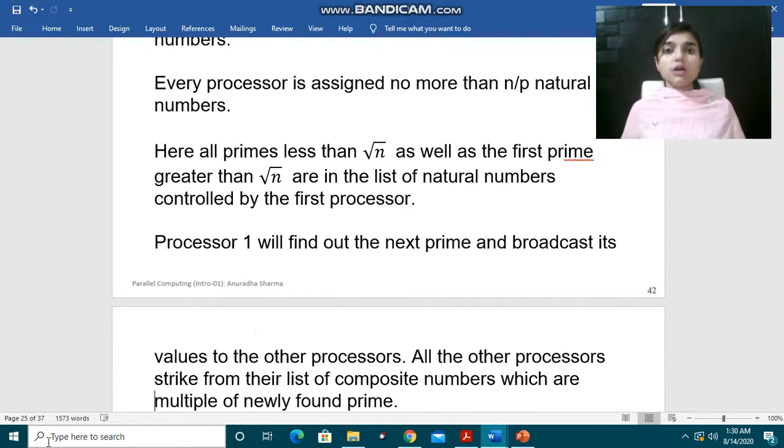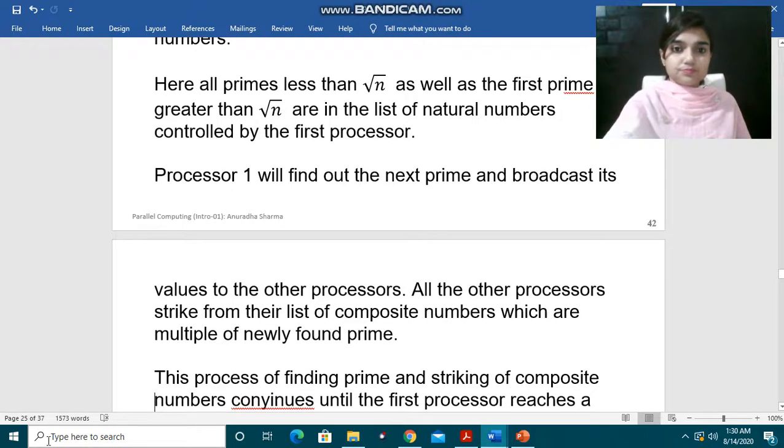This portion will be assigned to the first processor, and then processor 1 will find the next prime and broadcast its value to the other processors so that they can strike out the multiples of that particular prime. In this fashion, this data parallel approach works.